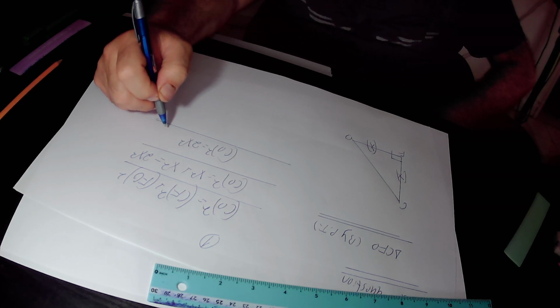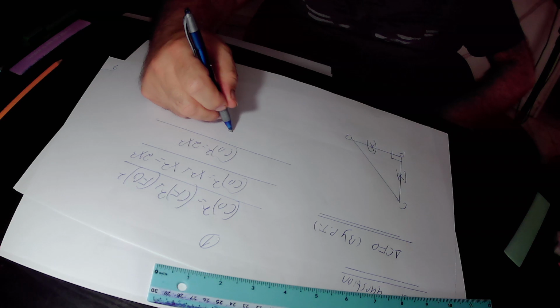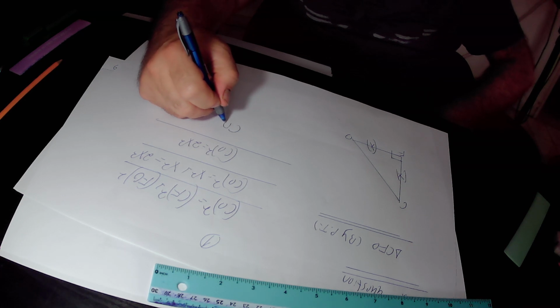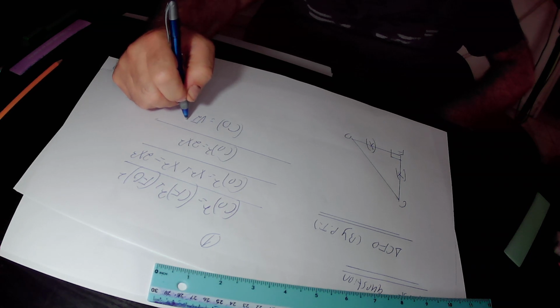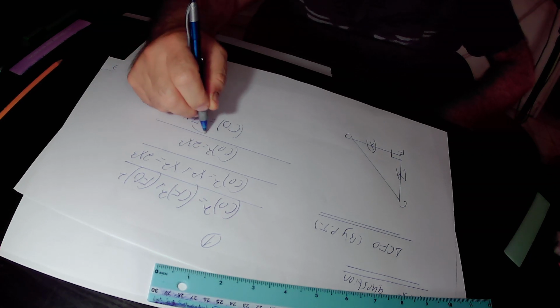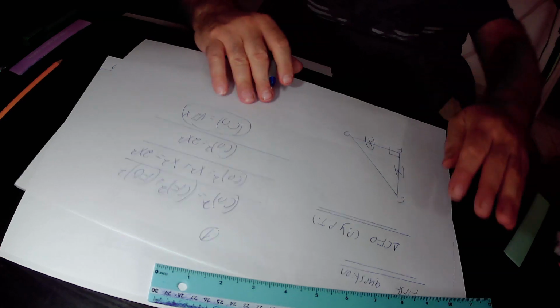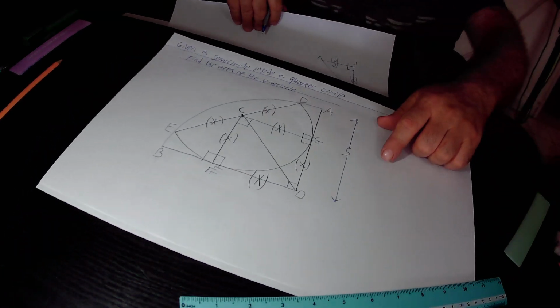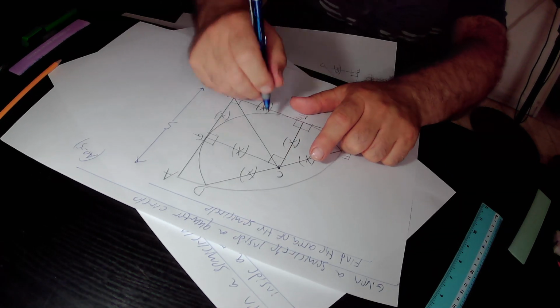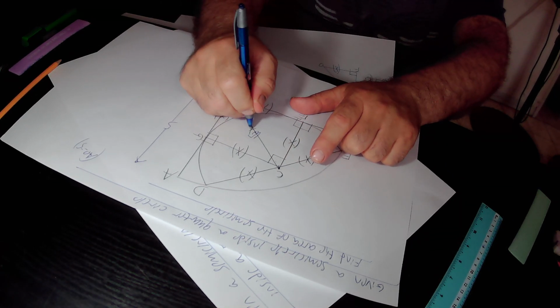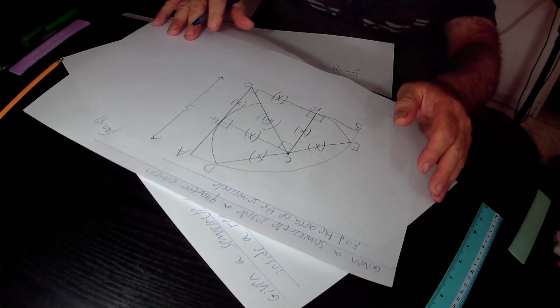Here we take a root out of this equation, and finally we get that the missing side, the hypotenuse CO, equals the square root of 2 times x units in its length.